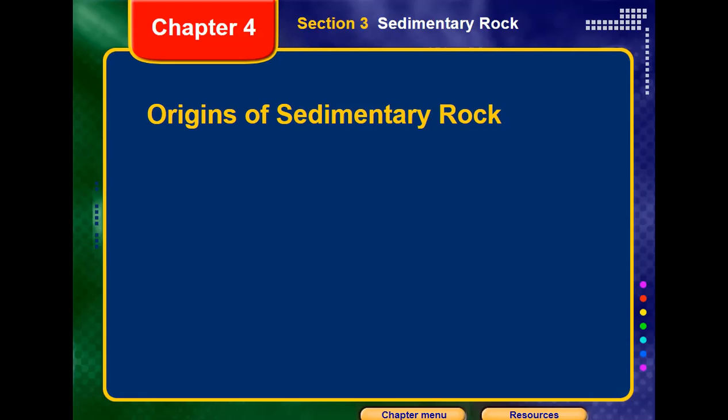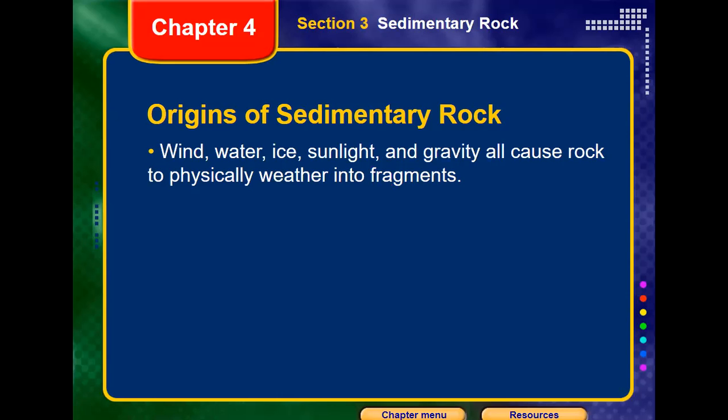Let's remember this. Wind, water, ice, sunlight, and gravity are all factors of weathering and erosion. Once a sedimentary or metamorphic rock is exposed to weathering factors, wind, water, ice, and sunlight, for a long time, that will cause cracks, and small pieces of rock will be broken off. These small pieces of rock we call sediments.